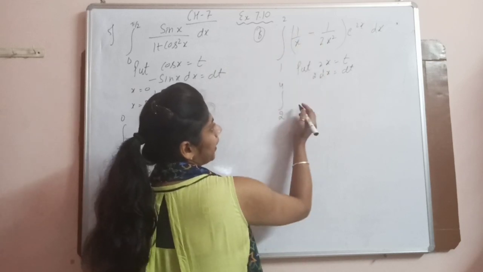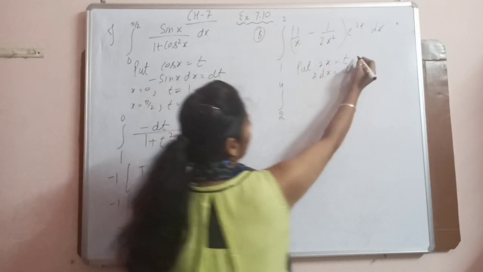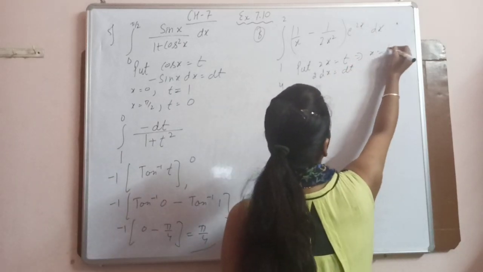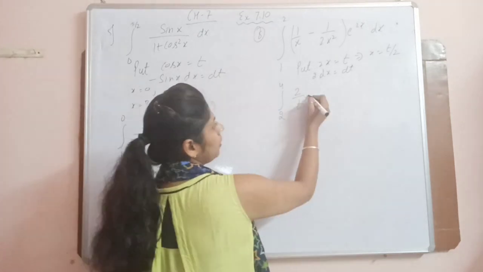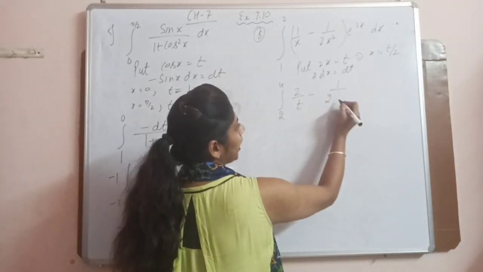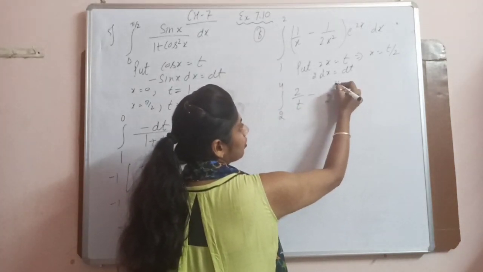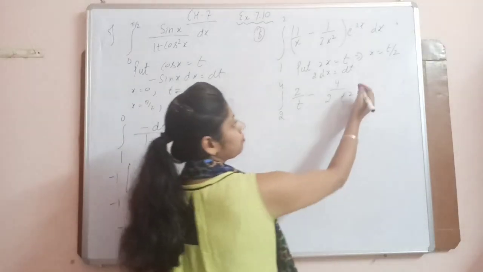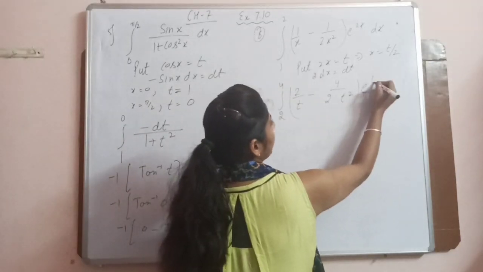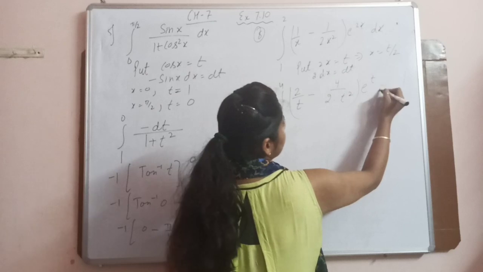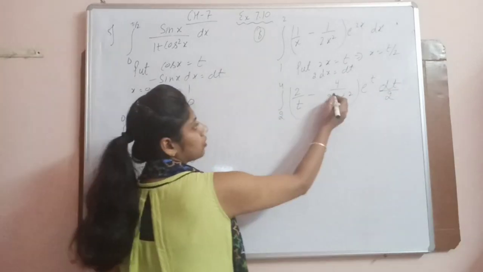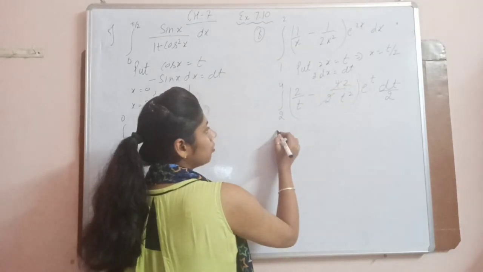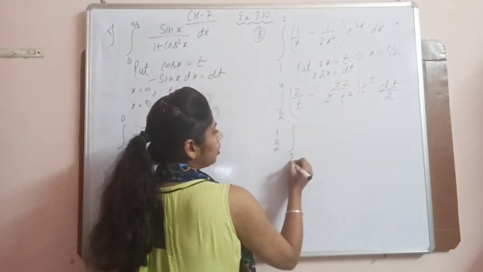1 by x: the value of x is t by 2. So we can write 2 by t minus 1 by 2 into 4 upon t square, e raised to the power t, and dx is dt by 2. So 1 by 2 we can take out.